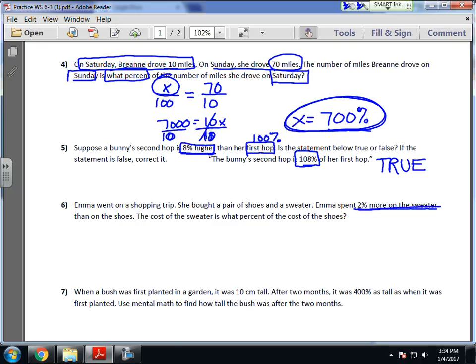We know that she spent 2% more on the sweater, and she paid the full amount, 100%, for the shoes. So what is the percent we're going to get? 100% plus 2% equals 102%.